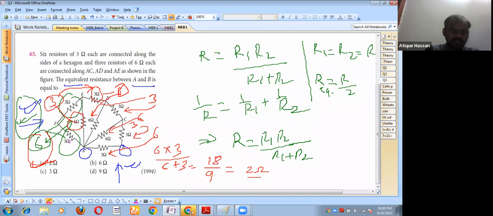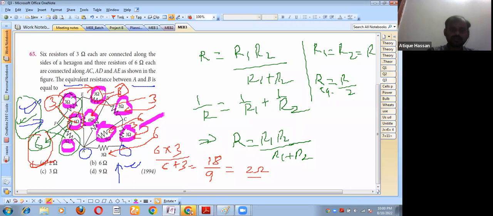This 3 was in series with this, we got 6. Then 6 was in parallel with 6, we got 3. Then this 3 is in series with 3, we got 6. Then 6 in parallel with 6, we got 3. Then 3 in series with this, we got 6. It repeats, then 6 in parallel with 6, we got 3. Then 3 is in series with this, we got 6.